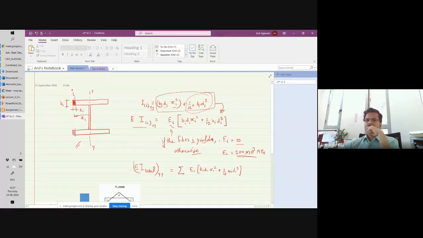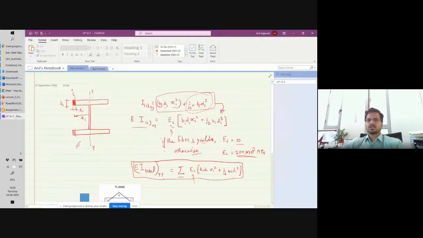As soon as E becomes 0, these fibers will not contribute towards EI. So your total EI of the cross section will be equal to the sum of all individual fiber EIs. As soon as one fiber yields, its E becomes 0, and you stop counting the contribution coming from that particular fiber, and the rest of the fibers will be counted still. Right?